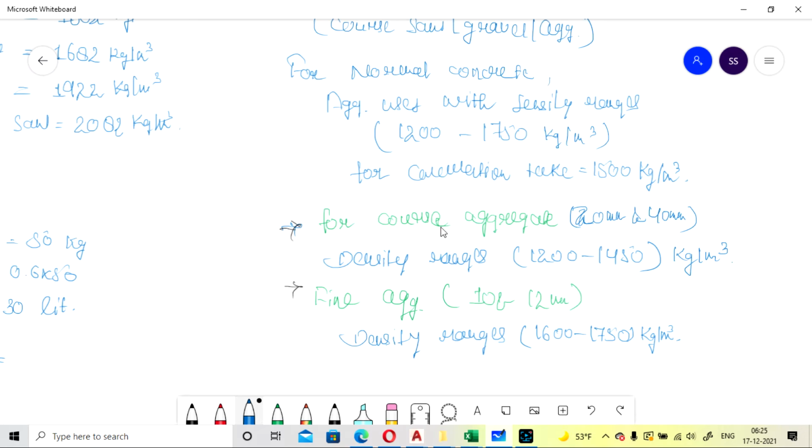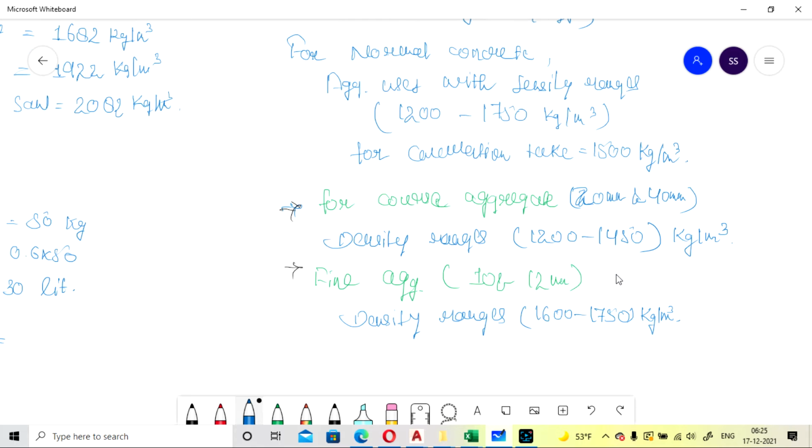For coarse aggregate, which ranges from 20 mm to 40 mm, the density will range from 1200 to 1450 kg per meter cube. For fine aggregate, which is around 10 to 12 mm, the density ranges between 1600 and 1750. So as the size decreases, the density increases.